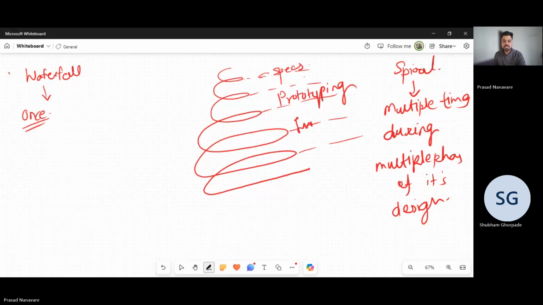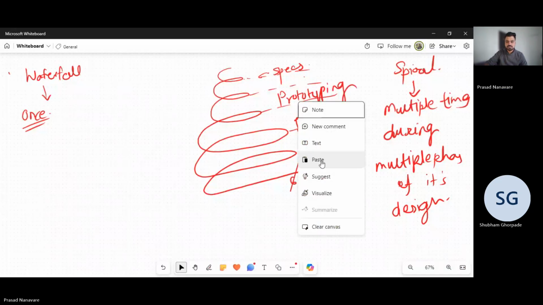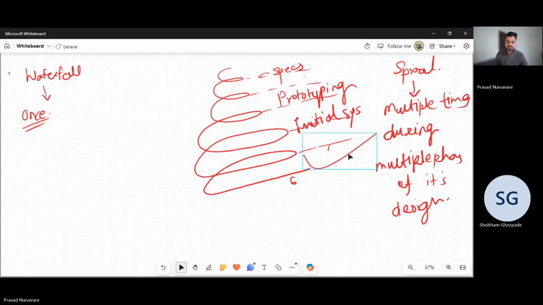But then there is an initial system, then you have an enhanced system.